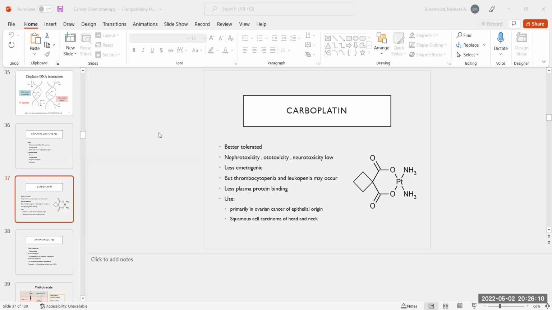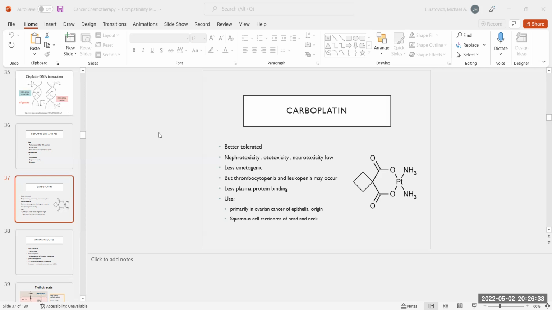Gemcitabine. Gemcitabine is intravenous. This drug enters cells. It gets phosphorylated into a diphosphate form. After that, it binds to ribonucleotide reductase and inhibits it.